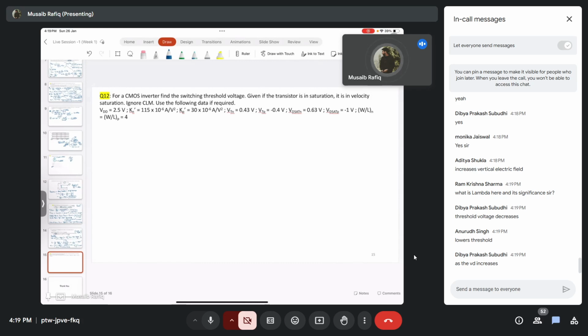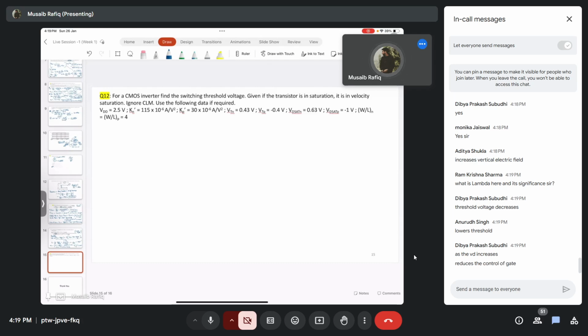I don't want to go into the physics of it, as it would digress from the problem solving session. It reduces the control of the gate. We want the gate to be the master of our device. It reduces gate control because it lowers the barrier from the source side. My drain bias affects the barrier from the source side, and as a result my carriers get injected from the source with the lowering of the source barrier, which increases my current and thereby decreases the threshold voltage.